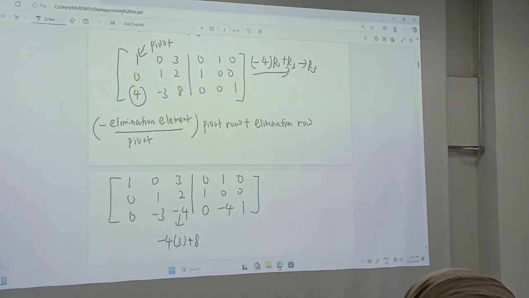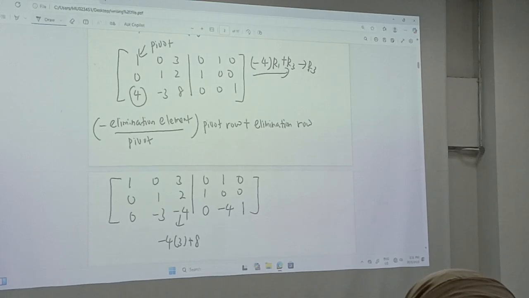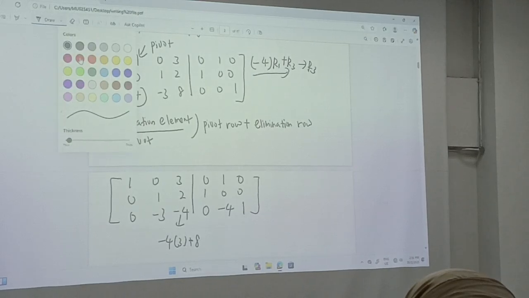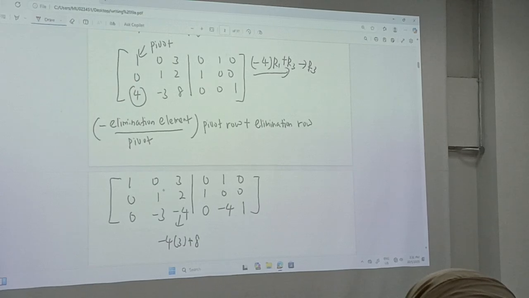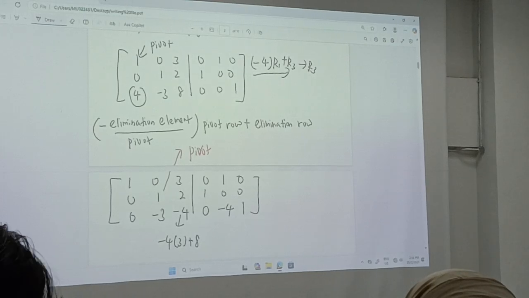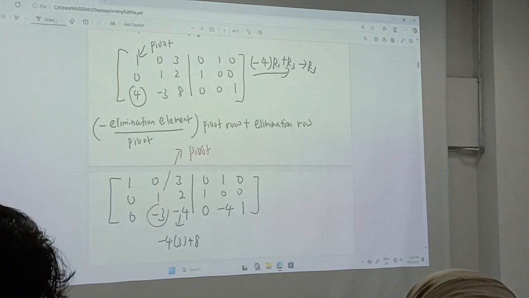Okay. So move on to second column. We do it column by column. Remember, column by column. So second column, what is the pivot here? Pivot equal to 1. Yes. Okay? Pivot equal to 1. And then we want to eliminate negative 3.